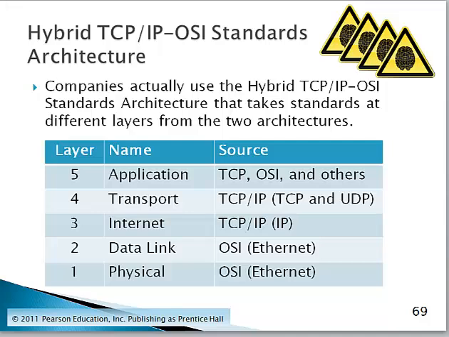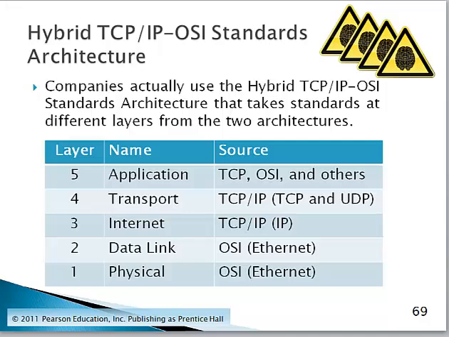So just to end where we began with the 5 layers, this 5-layer model is technically a hybrid model. So we're pulling some pieces from the TCP/IP stack, again, the single most popular protocol in the world, and the 7-layer OSI model. So the 7-layer version is the OSI model.